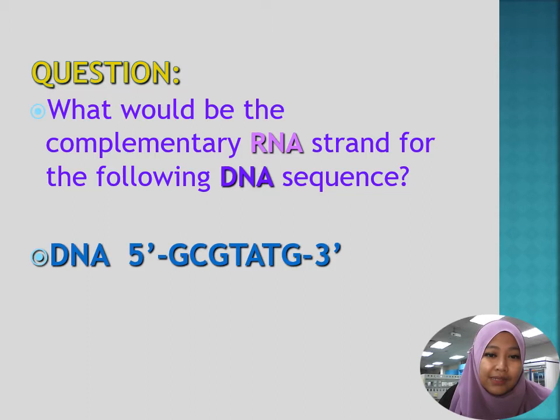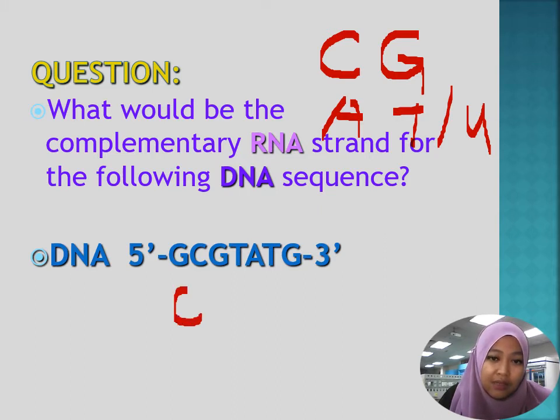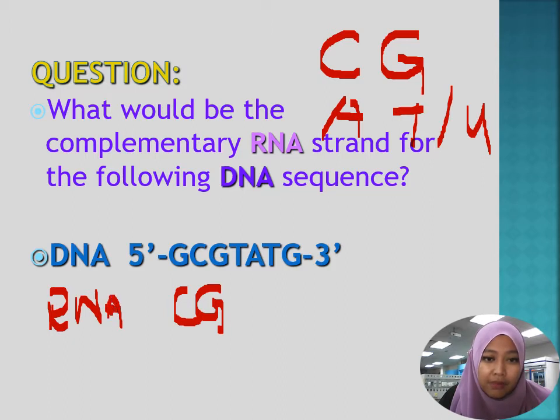Always remember C is always with G. A is always with T in DNA, but in RNA it changes into U. So G with C, C with G, and the complement for the RNA is C, G, C, T.